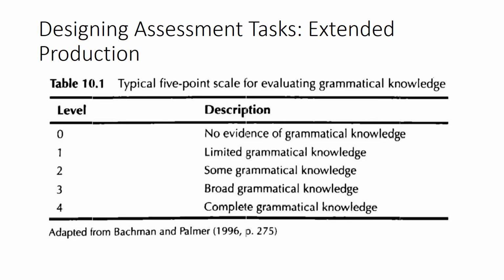You can, for example, give 0 when you do not find any grammatical ability or grammatical knowledge in your students, which means that all the items that have been produced by your students include grammatical mistakes. So here you didn't find any sign of grammatical knowledge, so you are going to give him or her 0.